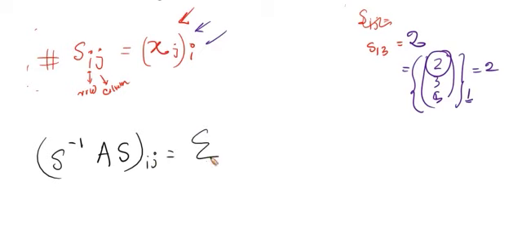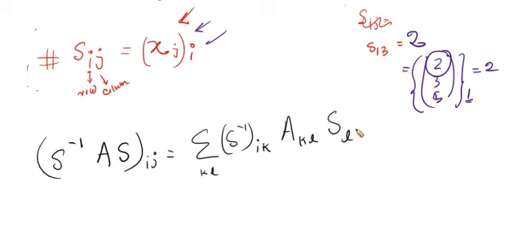If you recall how we use the index notation when it comes to standard matrix multiplication, you can see that there will be two dummy variables over here which will get summed over. So you have S inverse ik A kl and S lj.